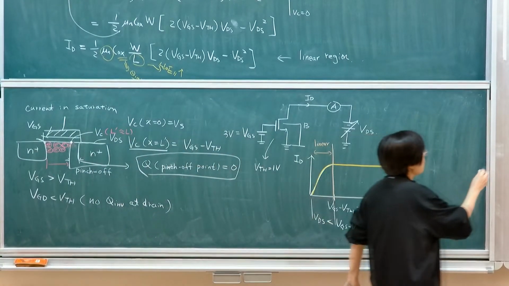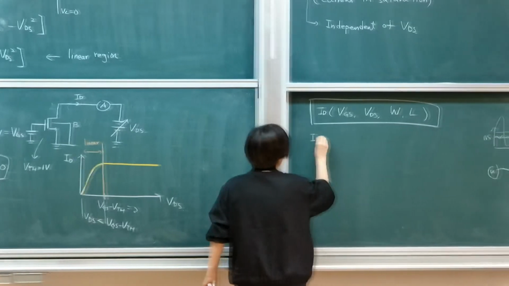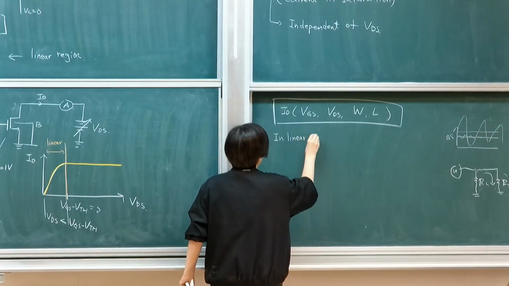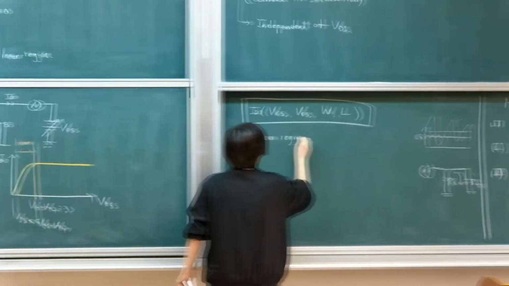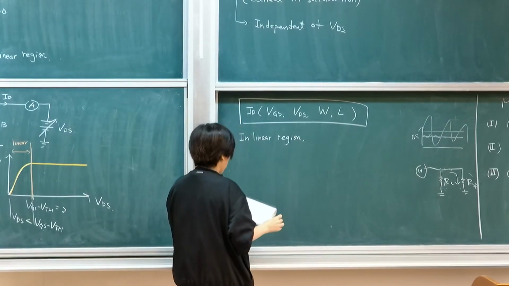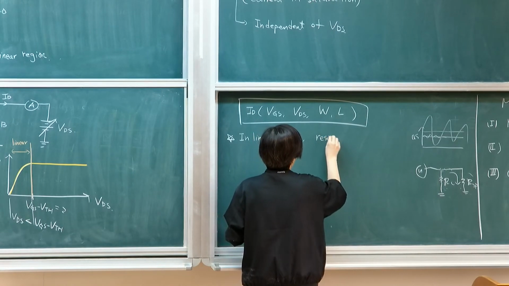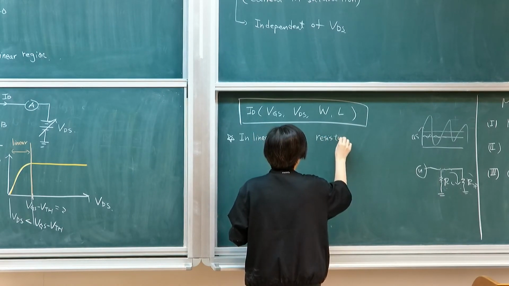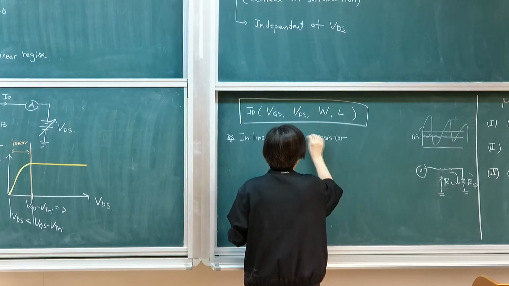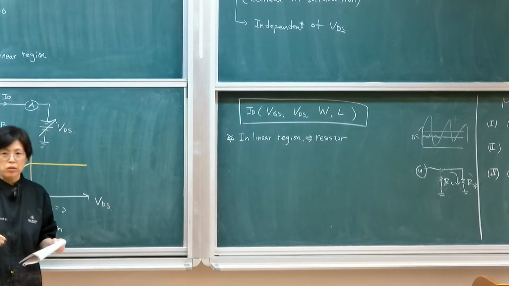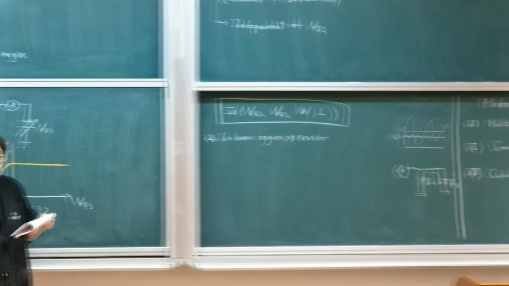So in the linear region, typically, if you want to make it a resistor, it can be mapped as a resistor or a potentiometer, a voltage control resistor.